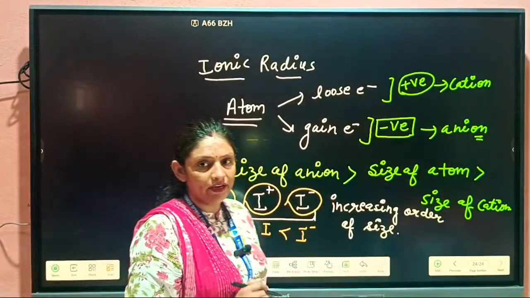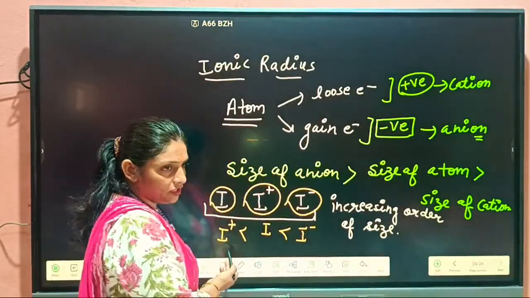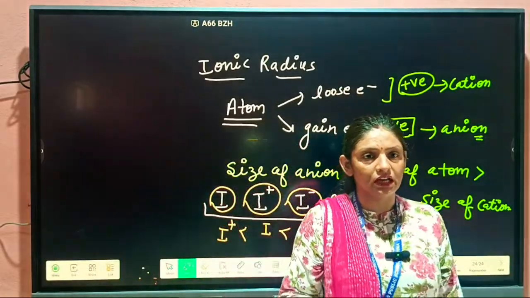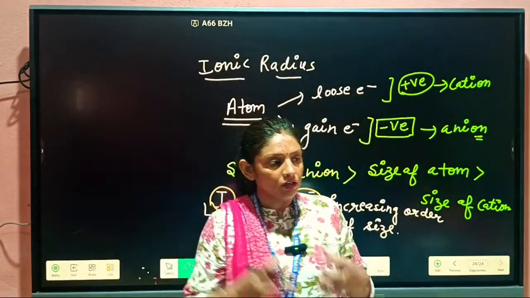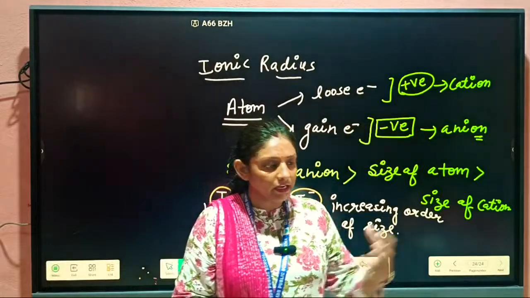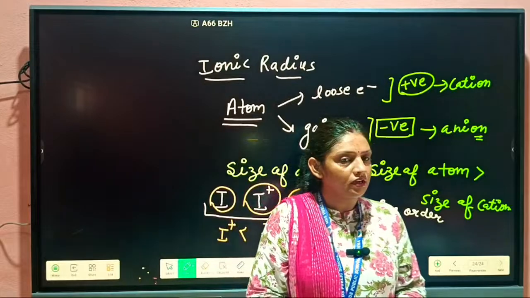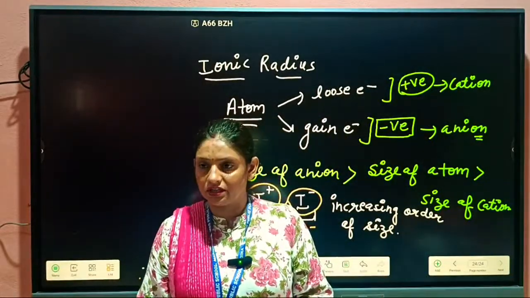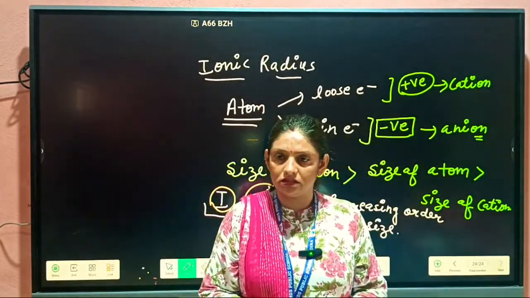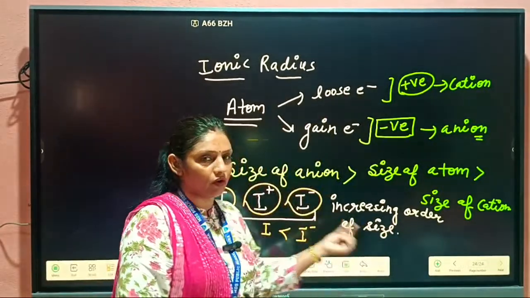Why is it so? Because here one electron is going to be removed, but the number of protons is the same. So the number of protons increases as compared to the electrons, so they can hold the electrons towards itself by a greater force of attraction, and their size decreases. But in the case of the anion, it is gaining one more electron.